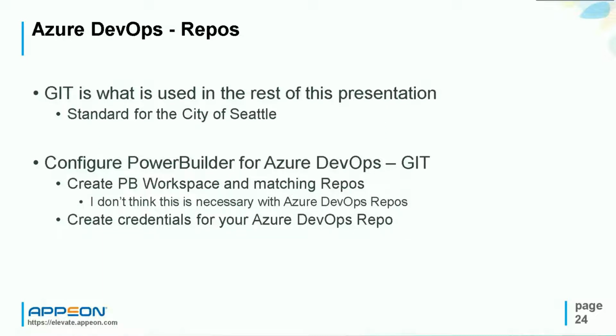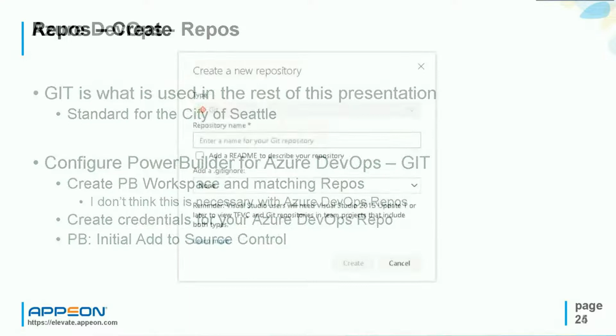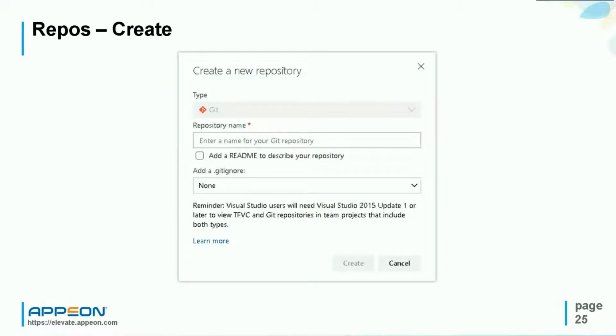So then we're going to talk about creating credentials for your Azure DevOps repo, and that has also changed, but we'll talk about how that's currently looking. And then we will get into going into PowerBuilder and adding it to your project, your target, your workspace, to source control.